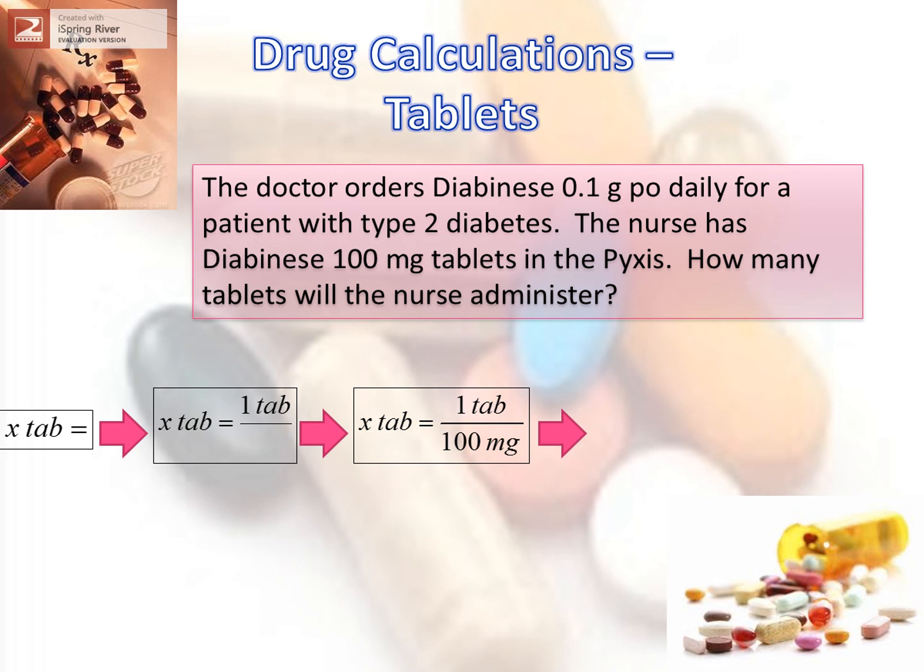Milligrams is not part of our desired unit, so we're going to put milligrams on top to get rid of that. Where in the problem do we see milligrams? Again, we've already used the 100 milligrams. We don't see it again. So we need to convert. You convert inside the problem. Milligrams on top.